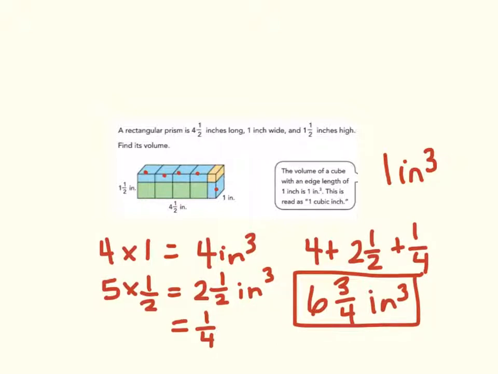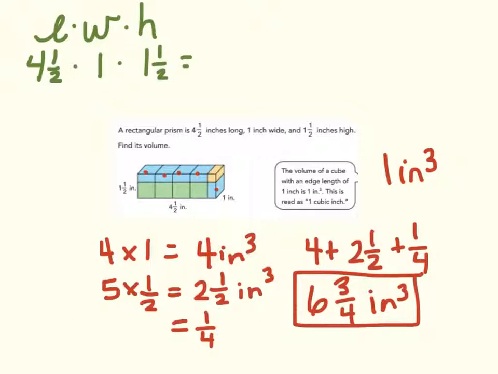If we were to use the formula, which is length times width times height, let's solve that way and see what we get. It would be 4.5 times the width of 1 times the height of 1.5. All right. I'm going to convert these to improper fractions because that's what I like to do when I'm multiplying.